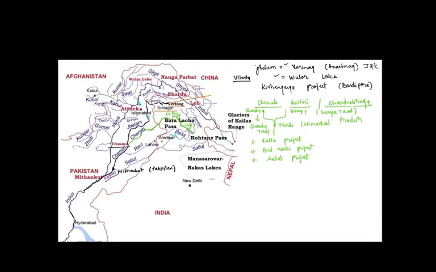Also, Baglihar project is located on river Chenab. So out of these four, this is the most important. Then let's come to river Ravi.